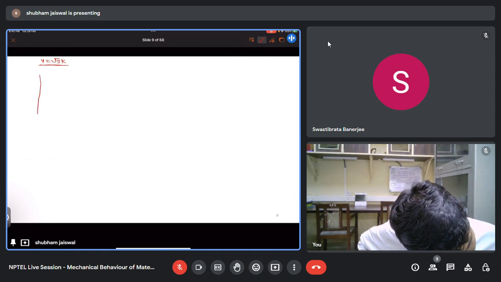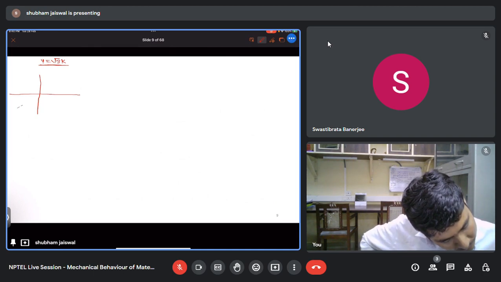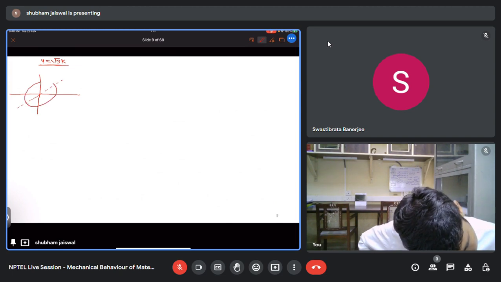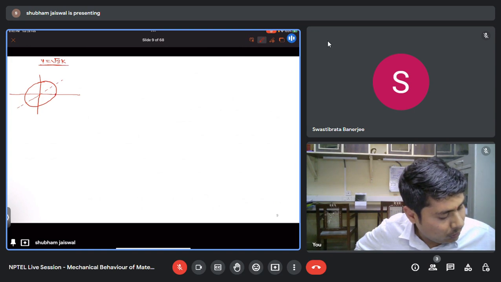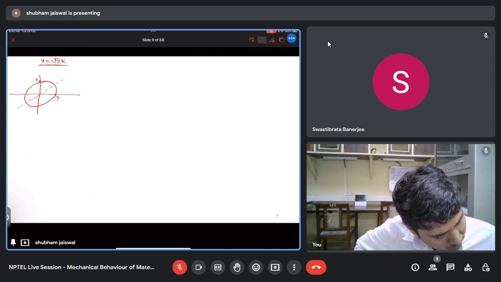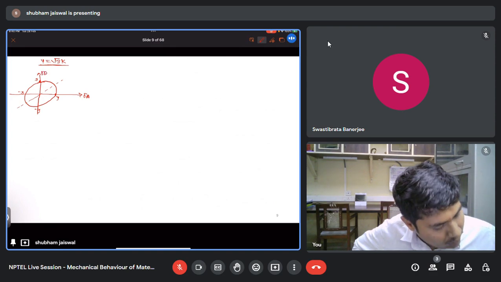And we have plotted the area of yielding and no yielding. This is the ellipse. This is my yield strength Y, minus Y and minus Y. Let's say this is my sigma A, this is sigma B.